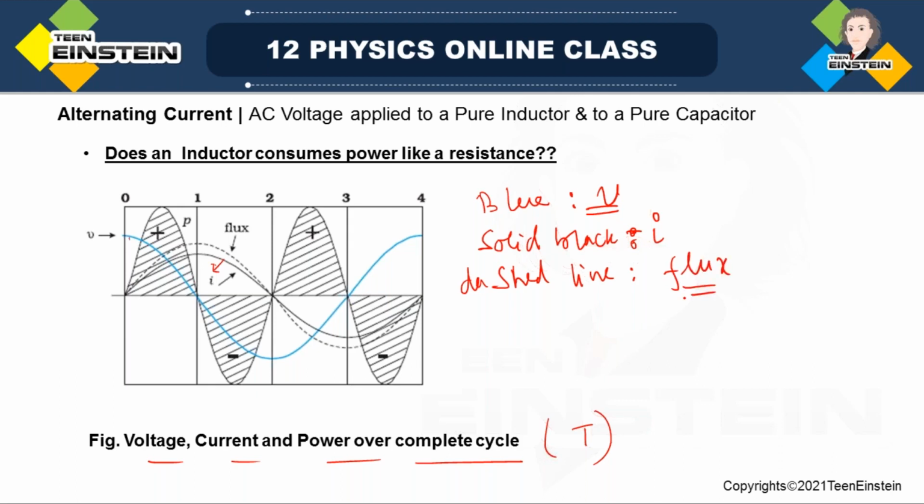At any instant there will be flux in the coil because the current is AC current and it is changing its direction and its magnitude. So there will be di/dt, and from here there will be a change in the flux. You might be thinking, sir, what is the change in flux? Actually, if you have a coil like this, in each turn there is current, right?